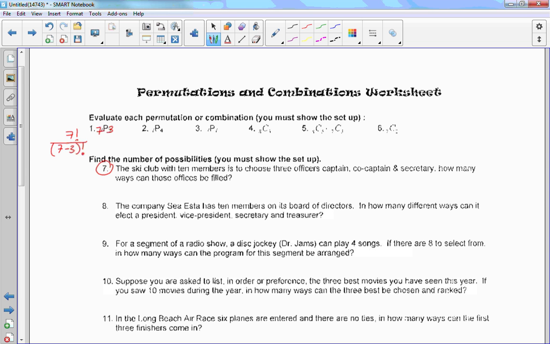On this page, you have 2 options, permutation or combination. Let's vote. Who thinks it's a permutation? Okay, who thinks it's a combination? Okay, some people didn't vote. Who can argue their case? Aria?